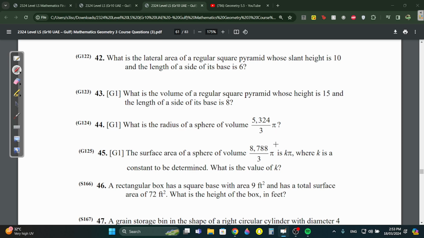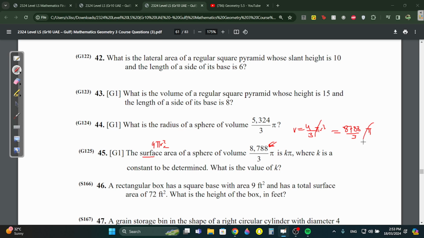The surface area of a sphere of volume 8788 over 3 pi. This is the volume, and they want the surface area. The surface area is 4 pi r squared, so we need the radius. The volume is 4 over 3 pi r cubed, so 8788 over 3 pi equals 4 over 3 pi r cubed.